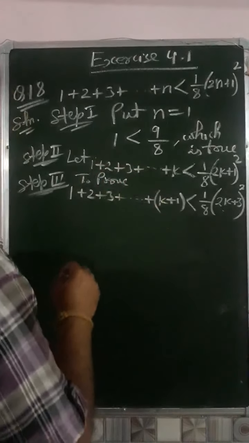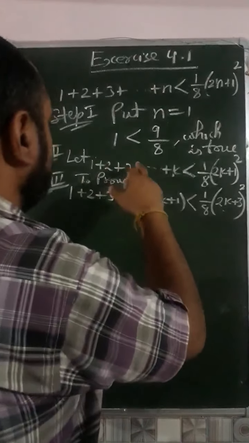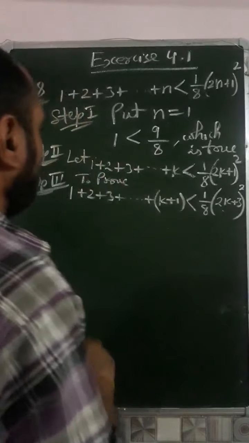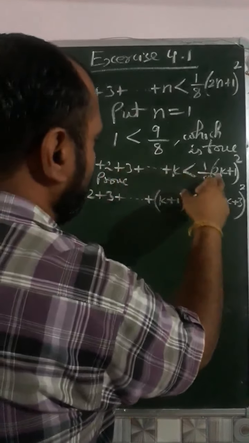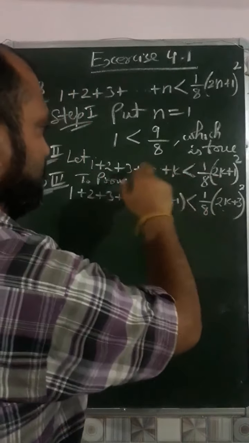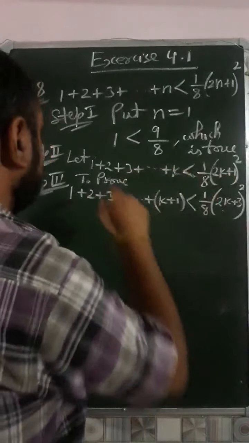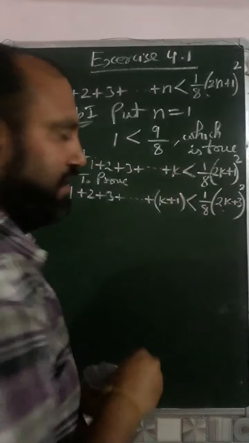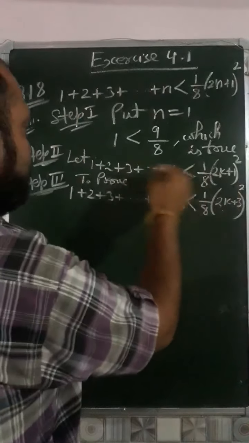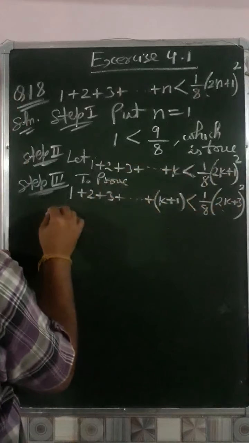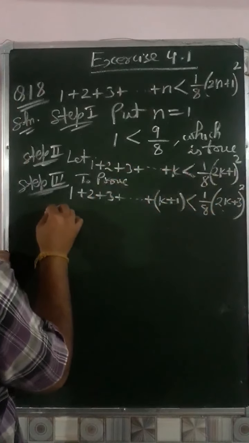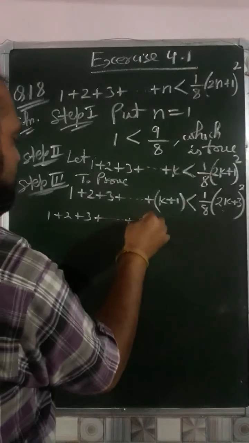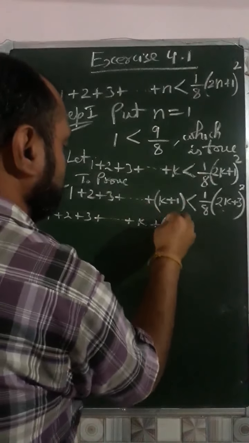Now as we always use the second step in the third step, I am adding k plus 1 to both sides of the second step's statement. So when we add k plus 1 on both sides, we get 1 plus 2 plus 3 plus up to k plus k plus 1, right?